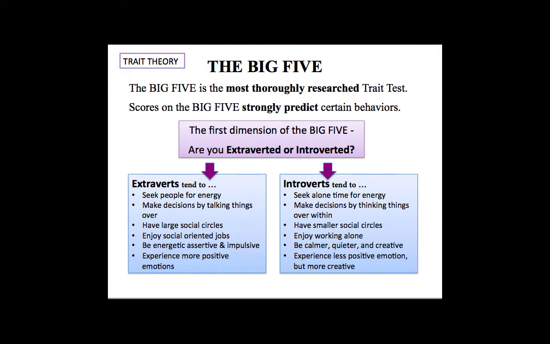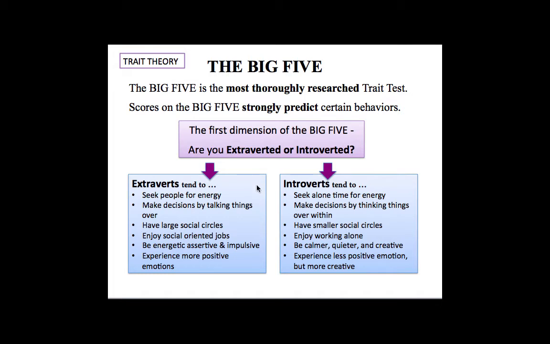The first of the Big Five is extroversion or introversion. So you can see here that we can predict a lot from extroversion and introversion, and this is just a small, short list. And again, it all exists on a range, so we put a little scale on here, 1 to 10, and you just think about where you are on the scale.